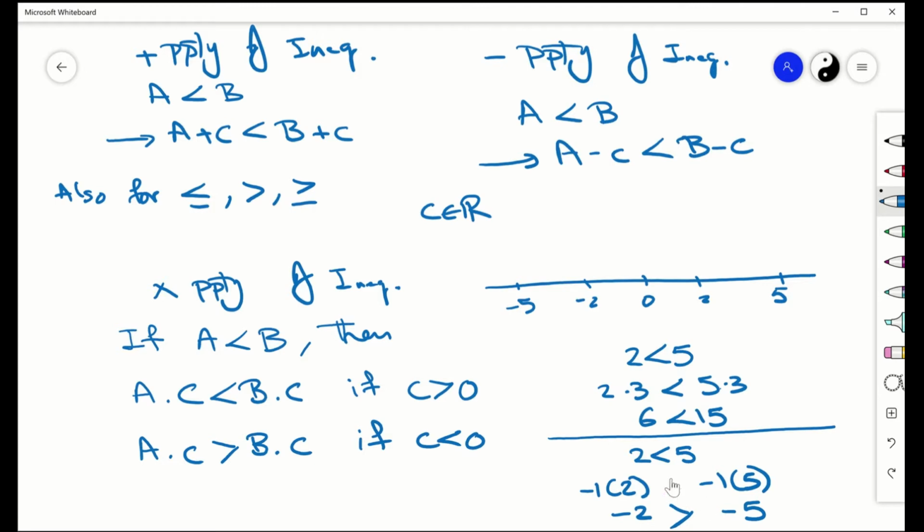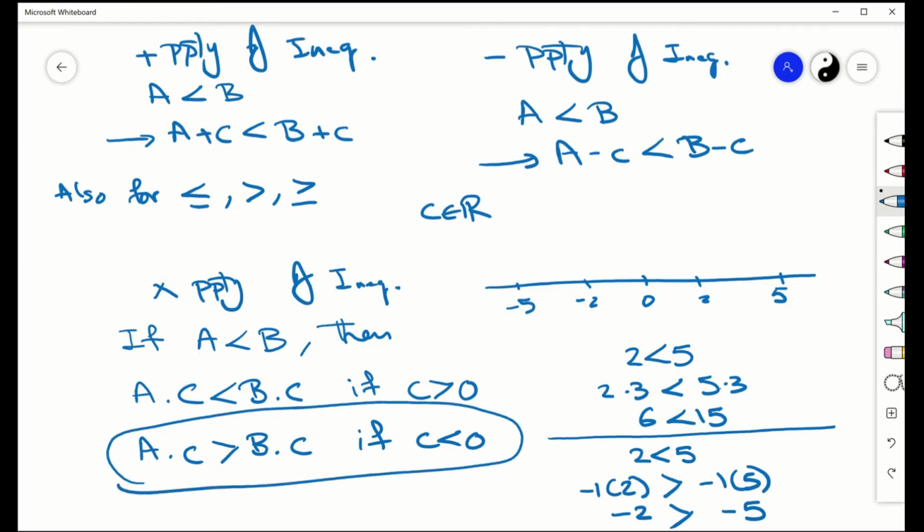So notice the instant you multiply two sides of an inequality by a negative number, you need to change the direction of the inequality. And that's why we get this property, that if A is less than B, then A times C is greater than B times C if the number you're multiplying on both sides, C, happens to be negative.